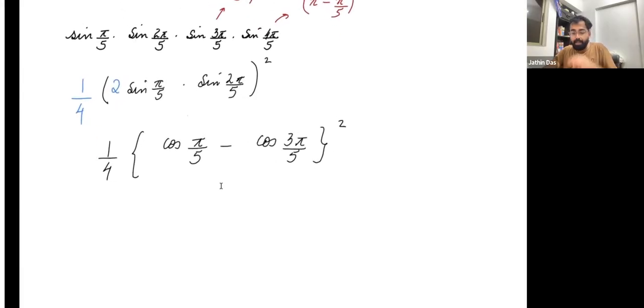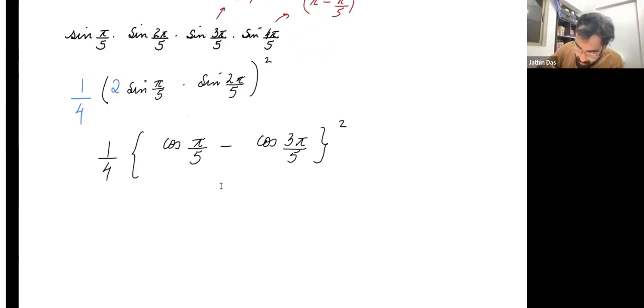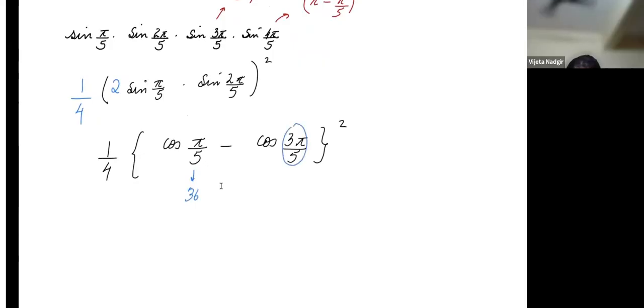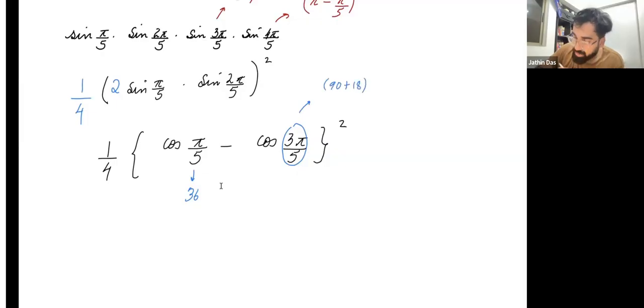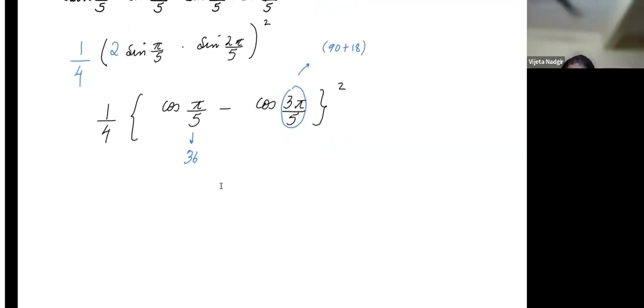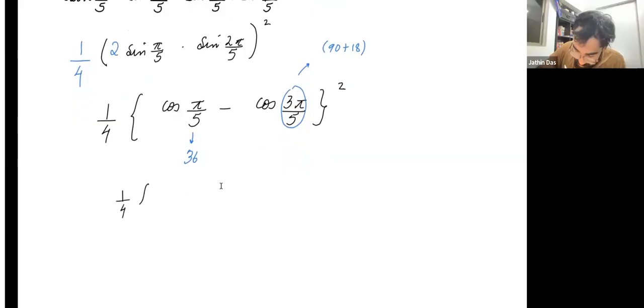Now, cos pi by 5 we know, because it is cos 36. That only I wanted. But what is this angle? 36 3s are 108, I think. So basically, this is 90 plus 18. So sine 18 will come. So this is like asking cos 36 minus sine 18.